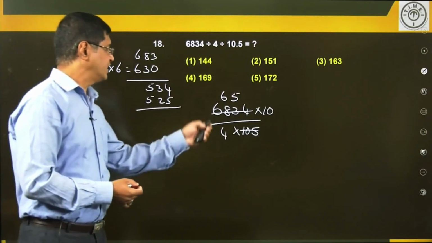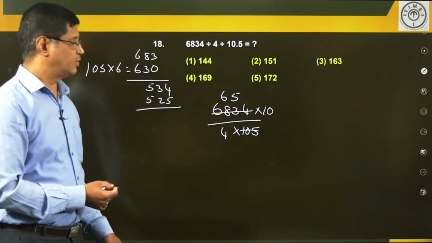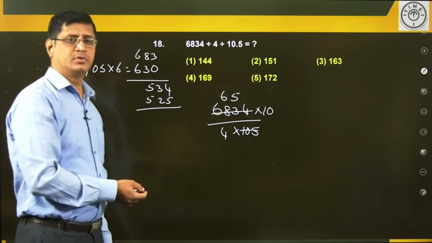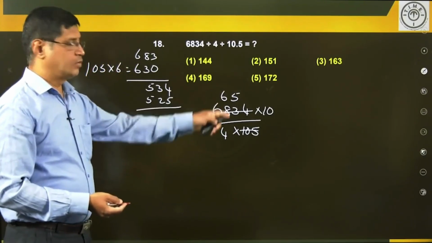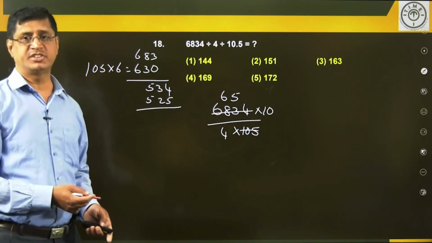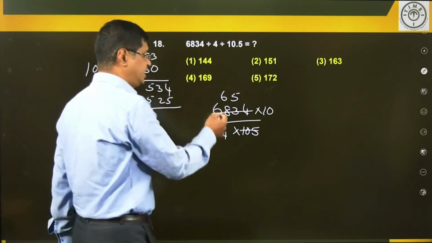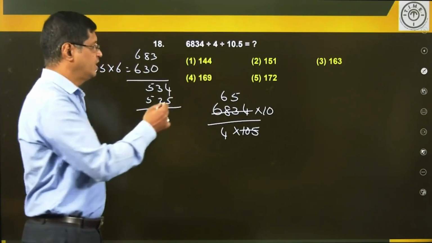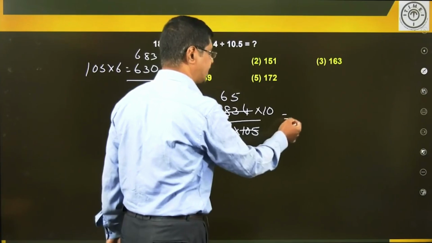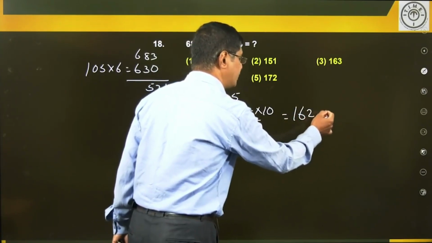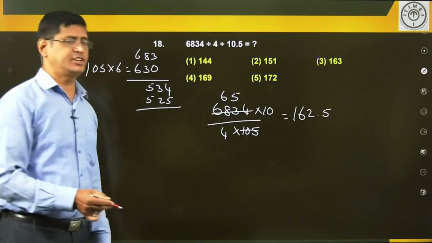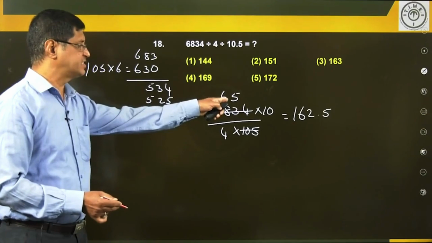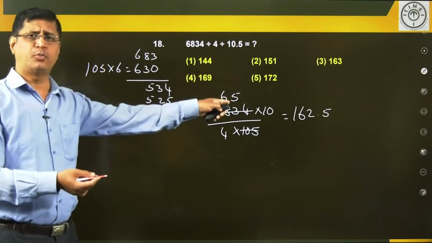Okay. Now what is the next here? Simplify this. What is the cancellation? 4, how many times does it go? 16 times. That is 64. So 16 times, 1 left. 1 by 4 means 0.25.